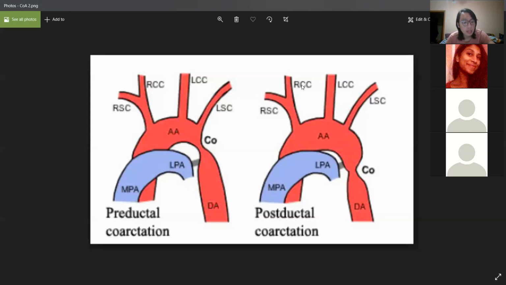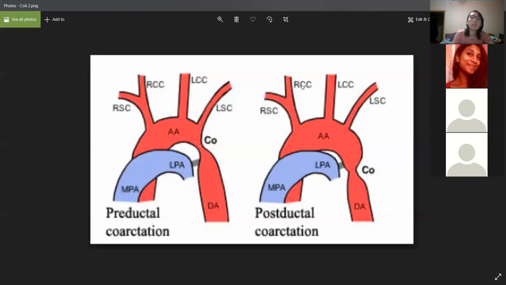That is why there is left ventricular hypertrophy, and also hypertension as well, because the heart will need to pump more strongly through the narrowing of the aorta.